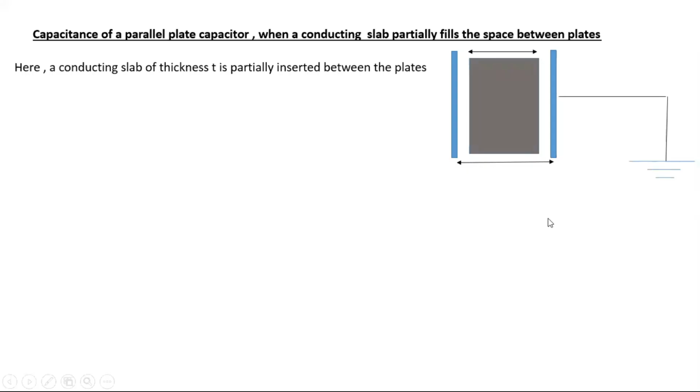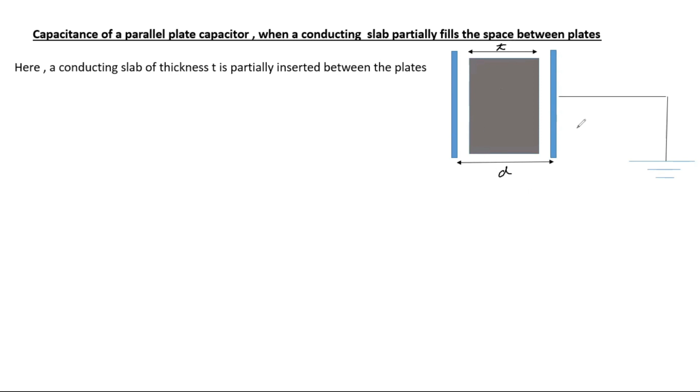Okay, so here we'll be finding out the capacitance of this parallel plate capacitor. But here we have inserted a conducting slab. We have partially inserted this conducting slab, and the thickness of such conducting slab, let's say it is T, and then the separation between the plates, let's say it is D. Now we have studied earlier that in a conducting slab there is no electric field inside it, right?